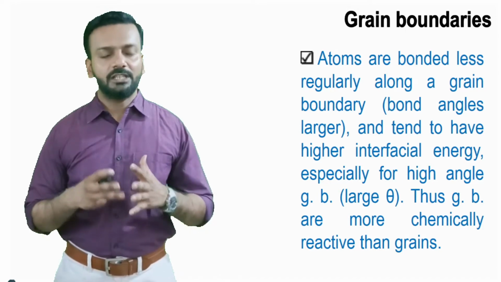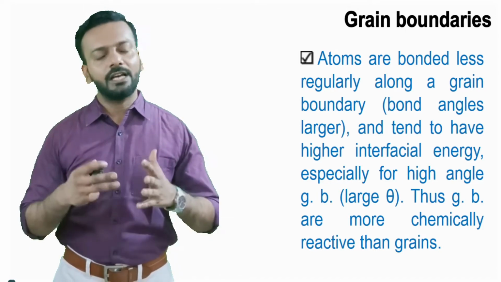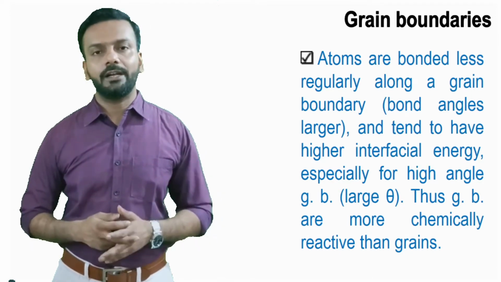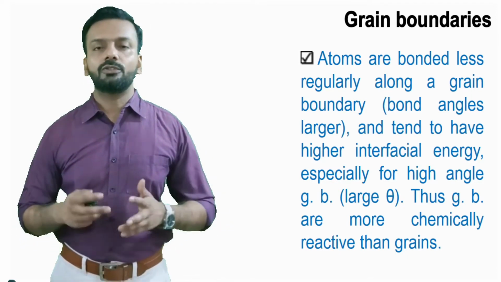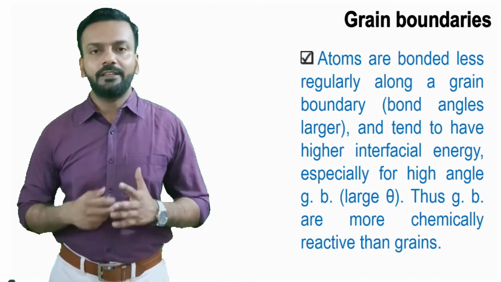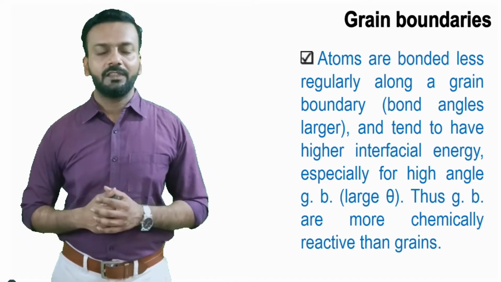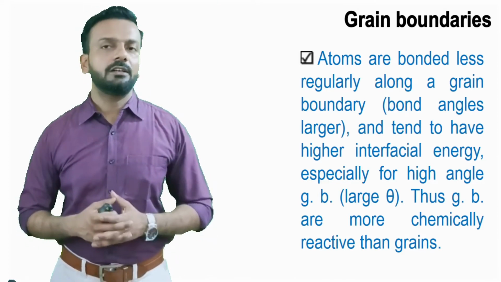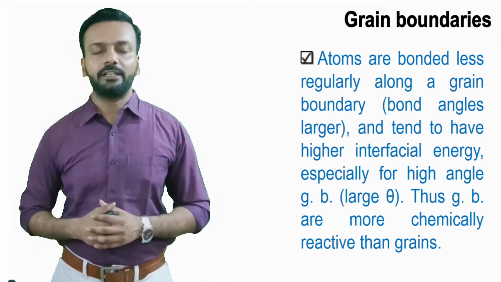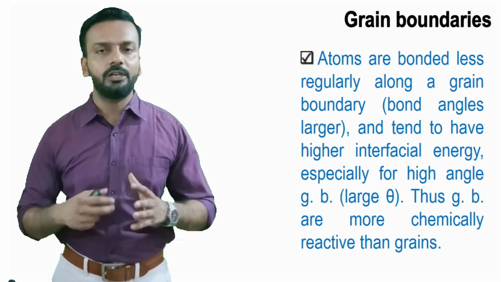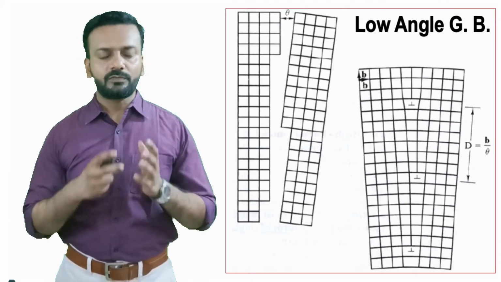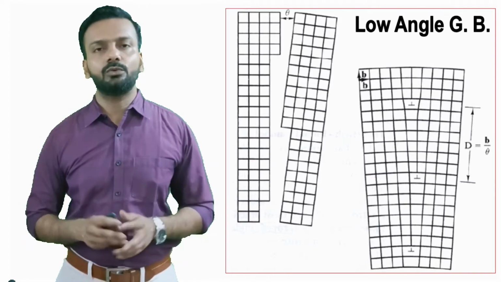Thus grain boundaries are more chemically reactive than the normal grain. The material is more reactive not along the grain but along the grain boundary.